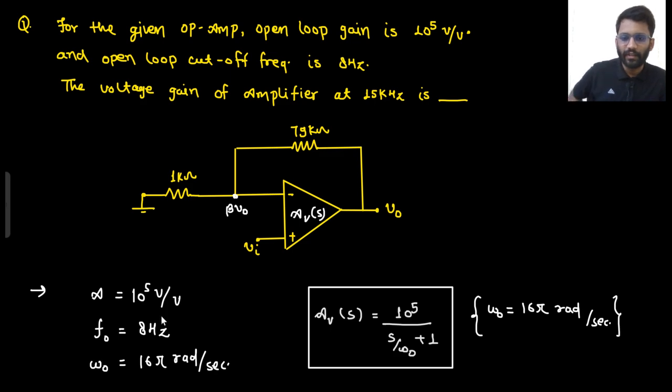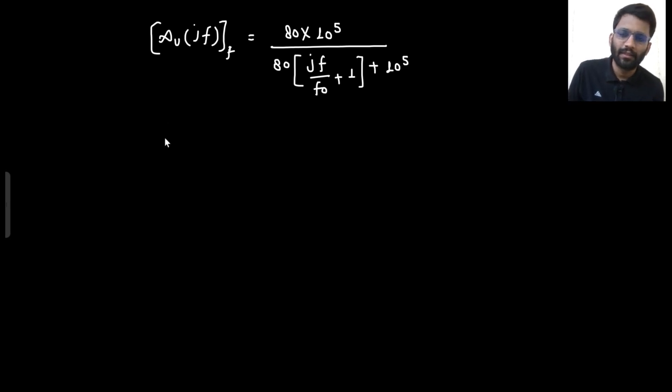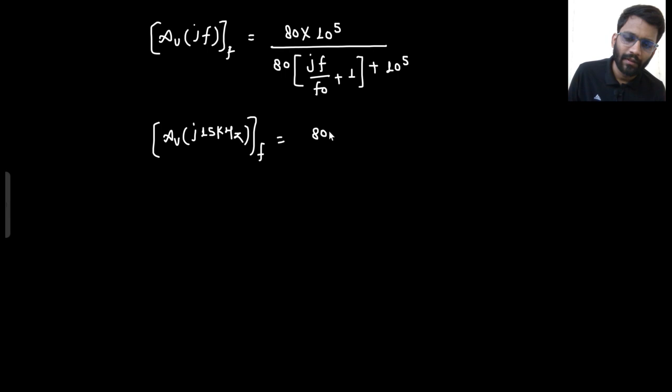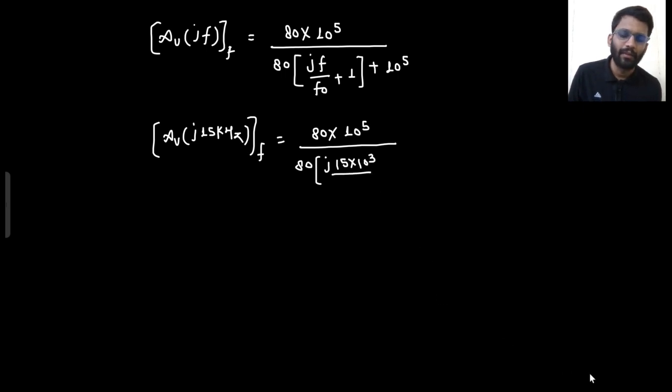F value is 15 kilohertz and f naught value is 8 hertz. So gain at 15 kilohertz with the feedback is 80 into 10 to the power 5 divided by 80 into j 15 kilohertz divided by f naught, f naught is 8 hertz, plus 1 plus 10 to the power 5. Now you just need to find the magnitude. That's it.